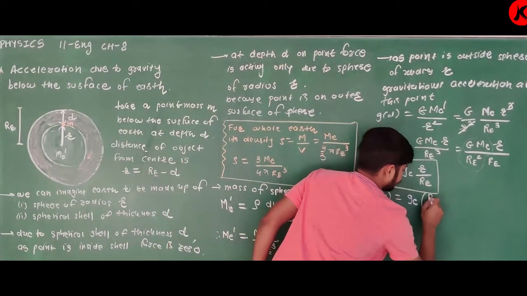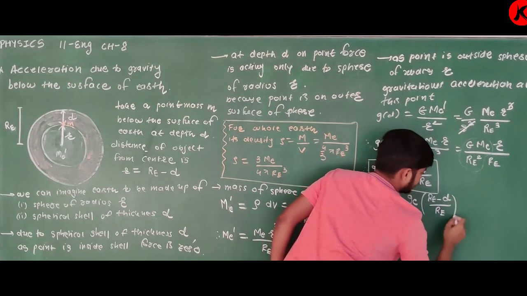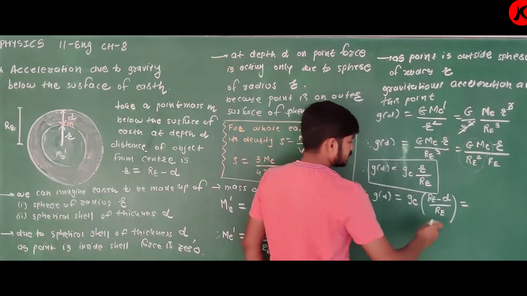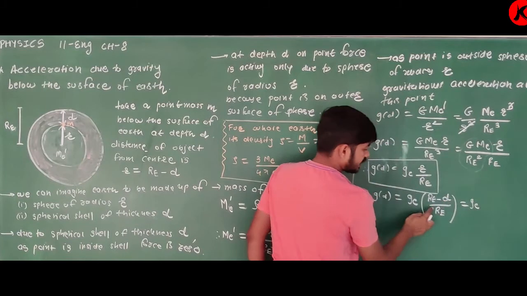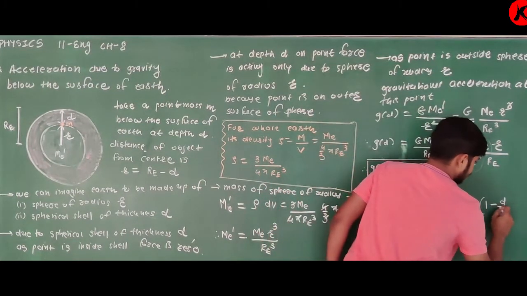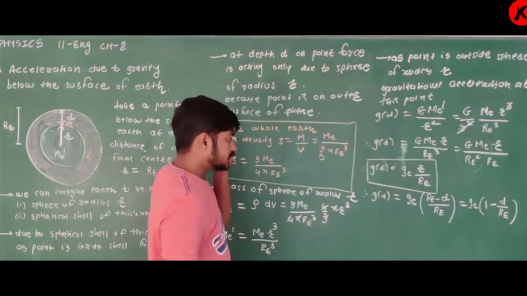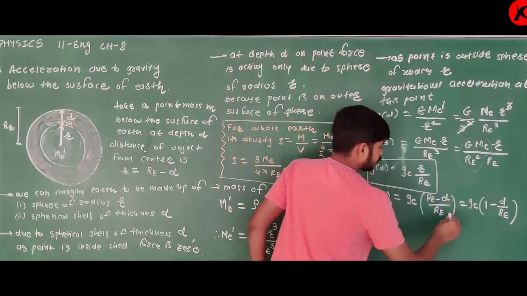So here it is RE minus d upon RE. So Gd is equal to GE times RE minus d upon RE, that is GE into 1 minus d upon RE. Yes, you have to remember this equation also.